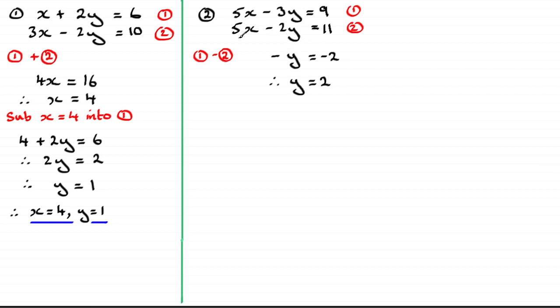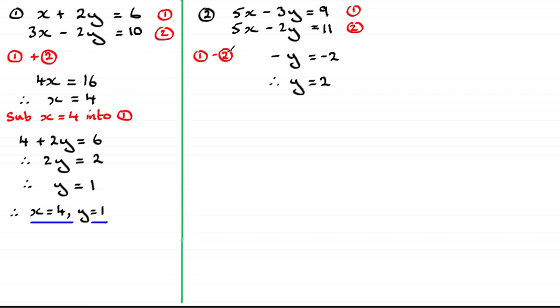We've got here the 5x's will cancel, but minus 3y minus 2y. You've got to be careful there because that's going to be changed to minus 3y plus 2y, which is going to be minus y there. And 9 take away 11 is minus 2. Divide both sides by -1 or multiply both sides by -1, and you're going to end up with y equals 2. If you did equation 2 take away equation 1, you can do it that way round.